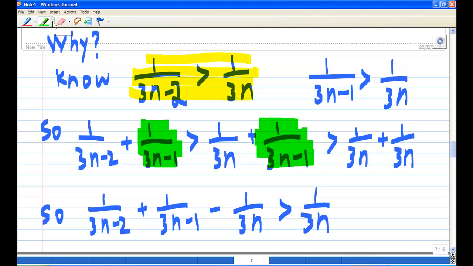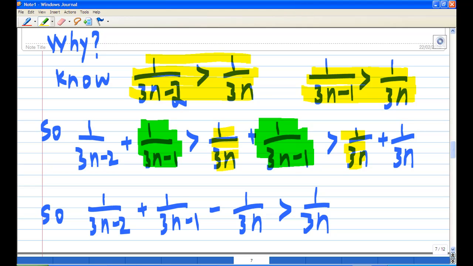Then I look at another inequality: 1 over (3n minus 1) is greater than 1 over 3n. So if you add 1 over 3n to both sides, this inequality will still hold.